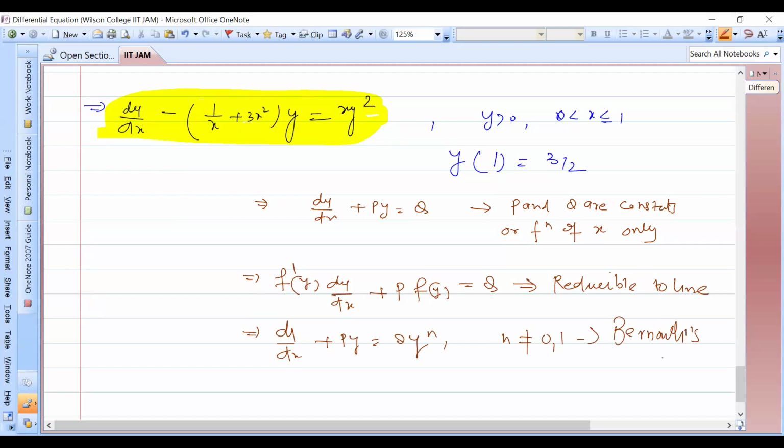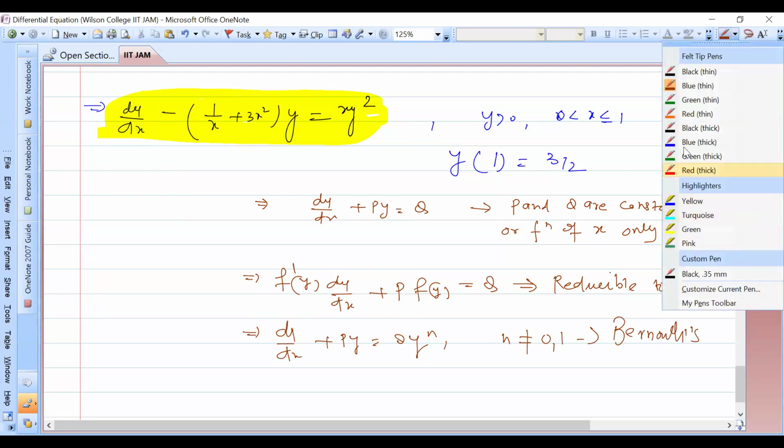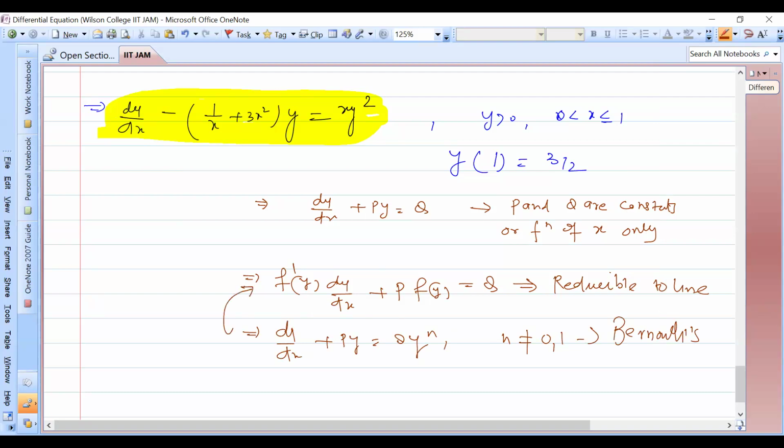So basically we have to go in reverse order. Means they have given Bernoulli's, so we have to convert this Bernoulli's into this form, then we can write the solution. Always remember, if other than x, the power of y is not equal to 0 and not equal to 1, it is always Bernoulli's form.